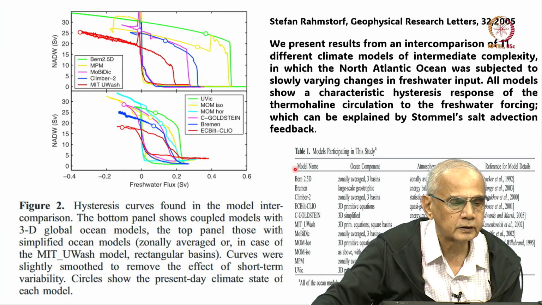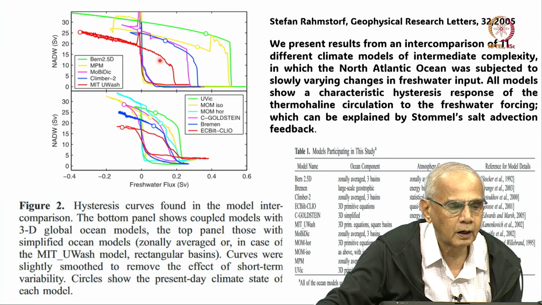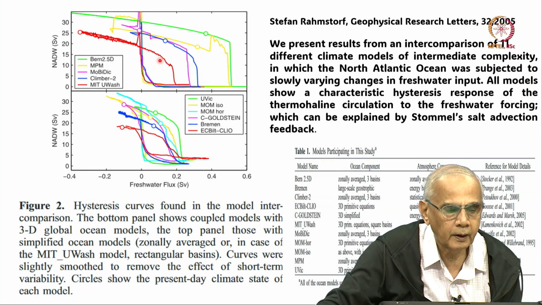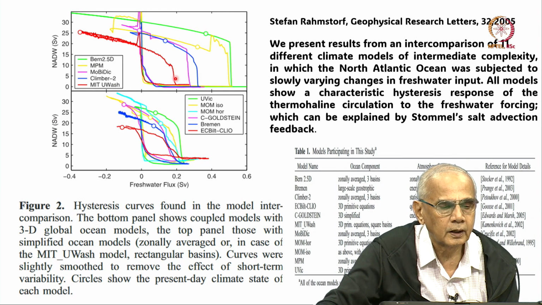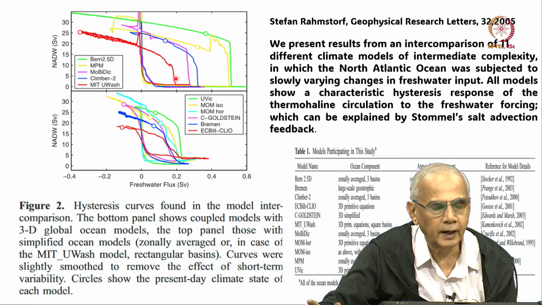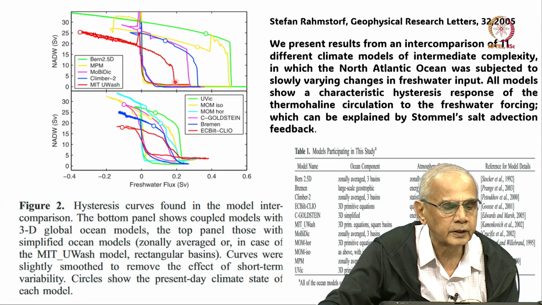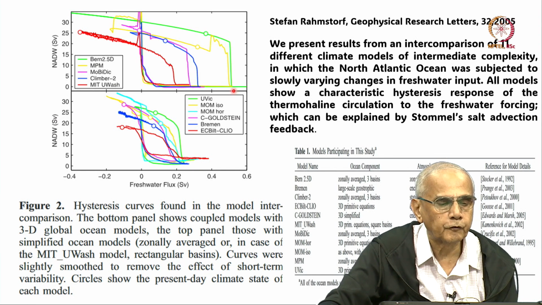So, these simulations tell you that yes, it is slowing down, but they show that the shutdown occurs at different times. For example, this model says shutdown occurs when you add a fresh water equivalent to 0.2 Sverdrups, while the model in blue says it occurs around 0.35, while the green says it will occur around 0.45.